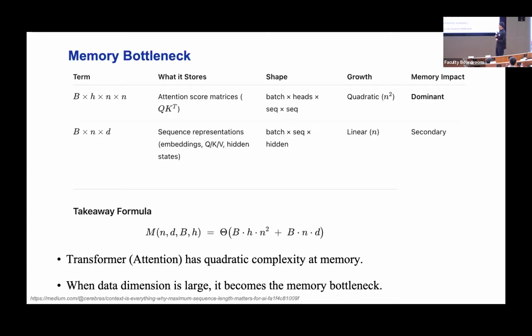So the memory cost is B times H times N times N. It's a quadratic memory cost, and that's a big concern because N can be 1 million, 4 million, and in the future maybe 10 million. This is a significant memory overhead.